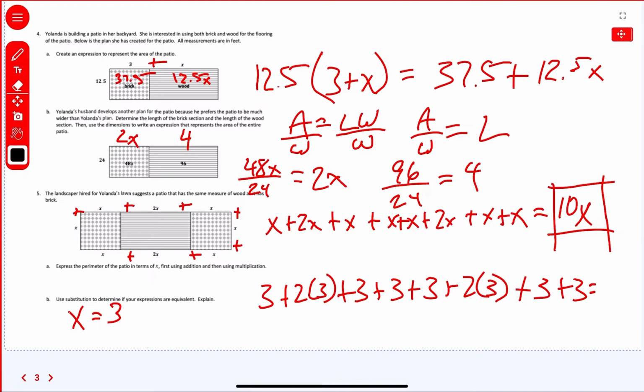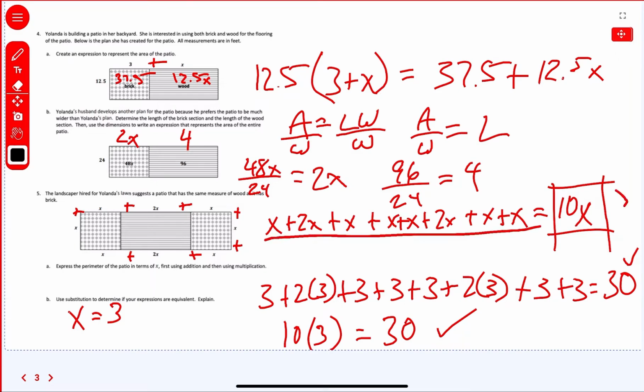And what do I get? Well, 3 plus 6 is 9, plus 3 is 12, plus 3 is 15, plus 3 is 18, plus 6 is 24, plus 3 is 27, plus 3 is 30. Now I would also say 10 times 3 equals 30. Therefore, they both check out. They are equivalent because when I substitute a number for x, they give me the same thing. So I know that this expression and this expression are equivalent.